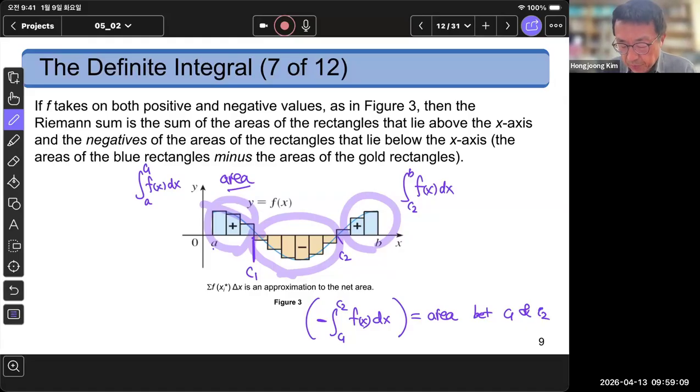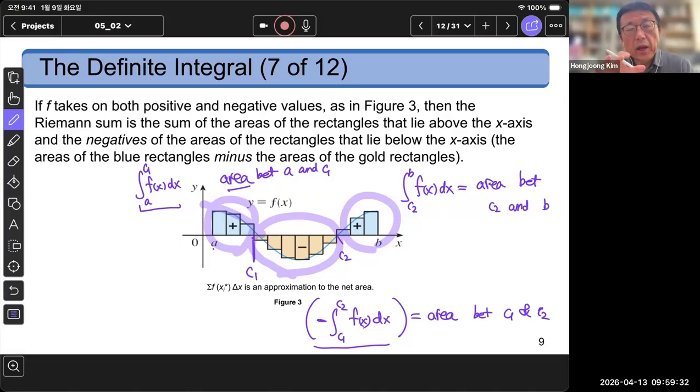So integration of f from A to C1 represents the area of the region between A and C1, and this represents the area between C2 and B. But for the negative valued function, if you integrate the function, you get the negation of the area.